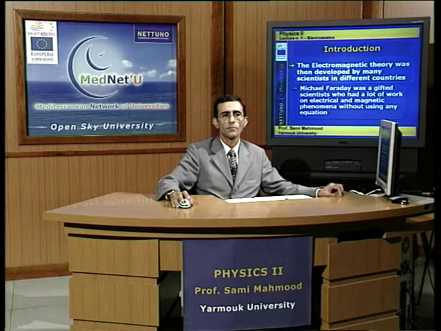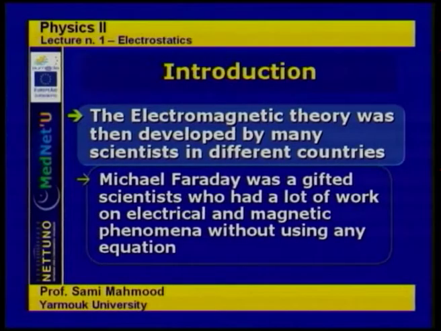In particular, Michael Faraday, a gifted scientist, a truly gifted scientist, has done a lot of work on the connection between electric and magnetic phenomena. And he has done a lot and reached many very important conclusions without even using any mathematical equation.